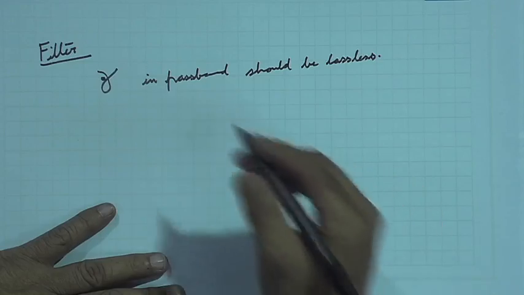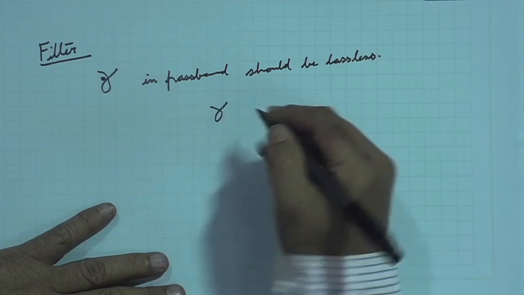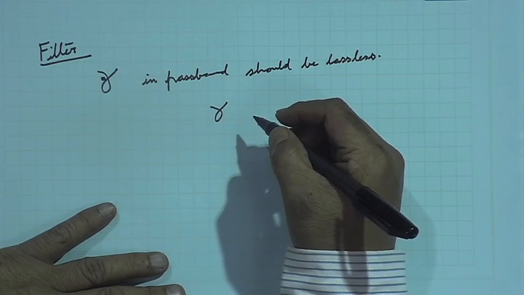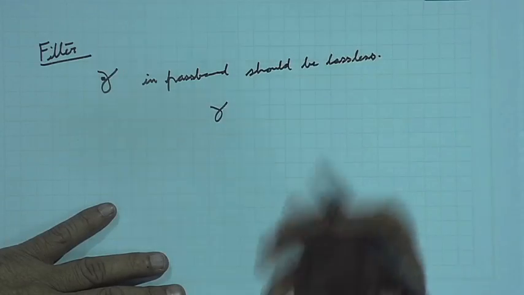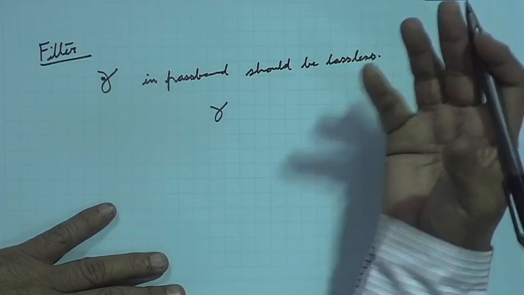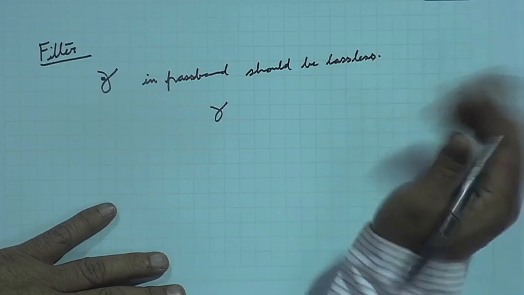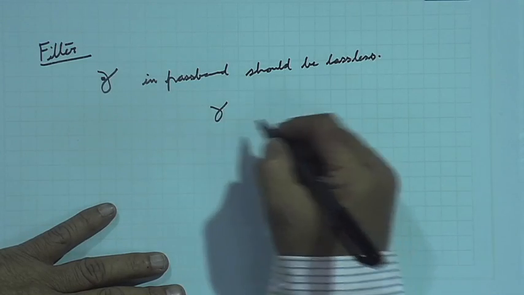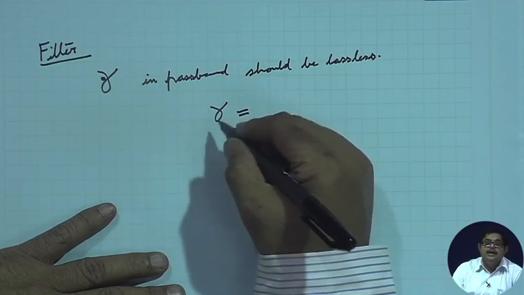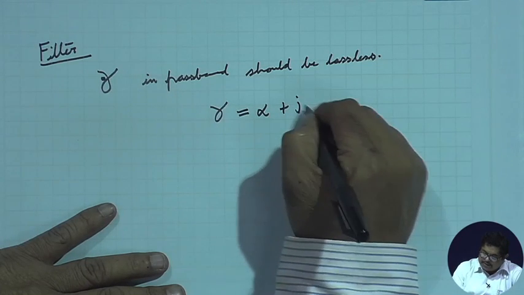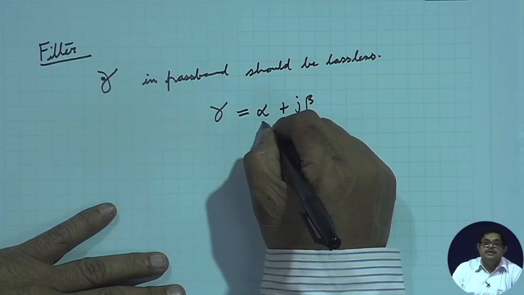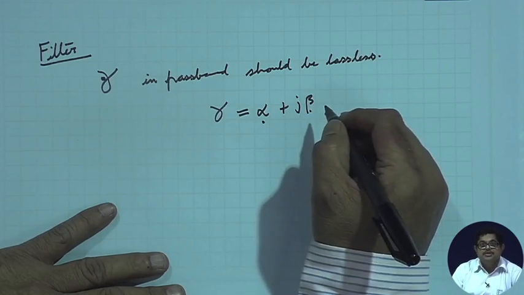But you know that gamma is a complex quantity. As I said, how we define the input volt ampere and output volt ampere, their ratio we call e to the power 2 gamma. So, gamma is that. Now, you are also familiar that generally this complex quantity we write in two parts, alpha plus j beta. Alpha is the attenuation constant, beta is the phase constant.